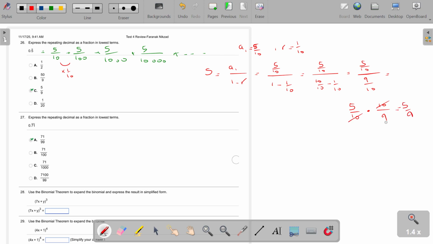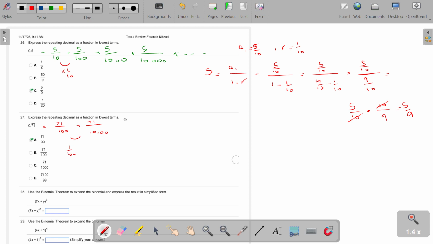So that's the number. Now for the next one, we want to find the fraction that created this repeating number. So I'm going to start with 71 over 100. And next, it's 71 over 10,000, because each term is multiplied by 1 over 100.